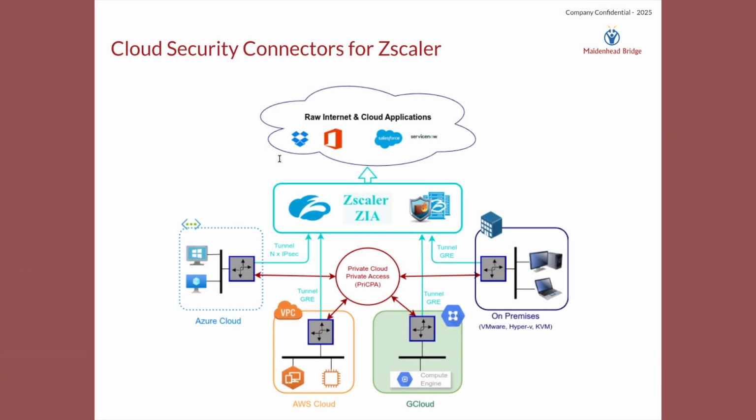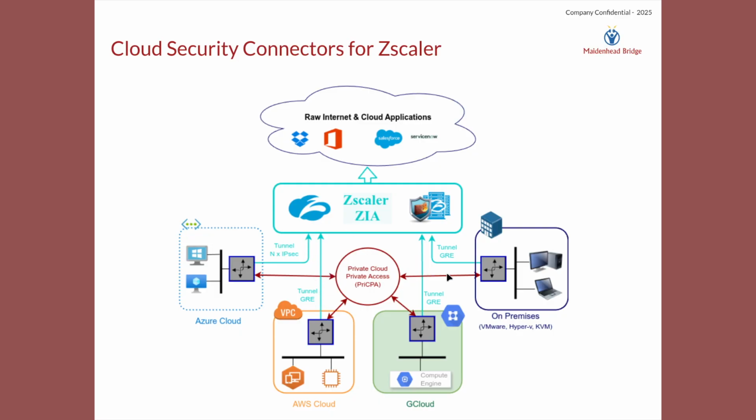Let's take a review. This is a high-level network diagram. What Maidenhead Bridge provides is connectors on Azure Cloud, AWS, Google Cloud, and also for on-prem that enable you to secure your internet traffic via Zscaler with tunnels.